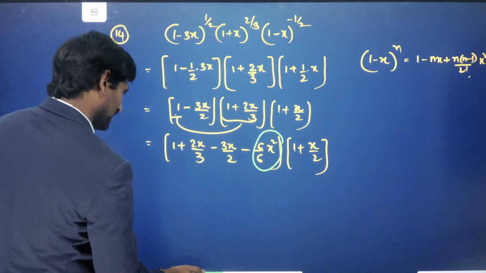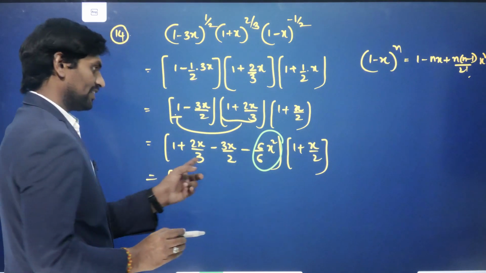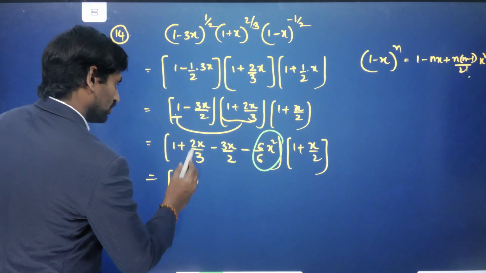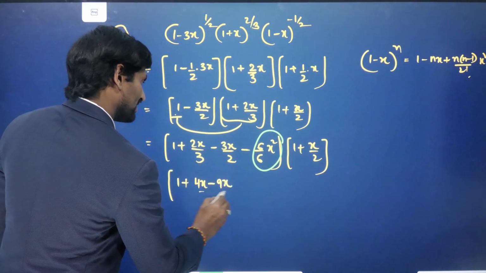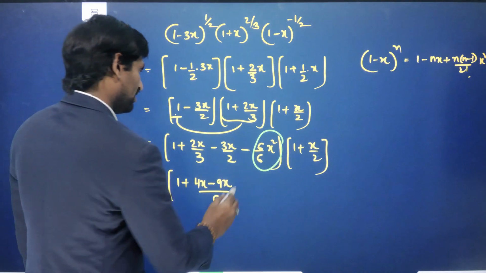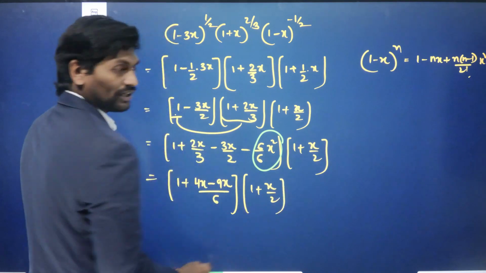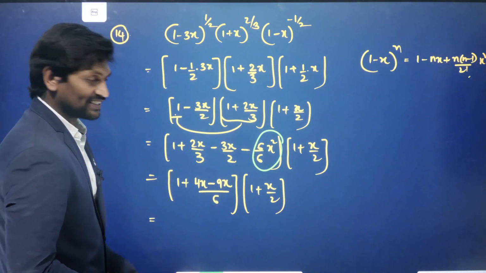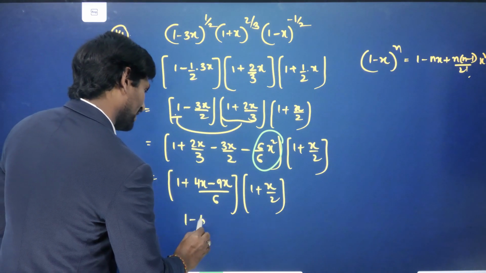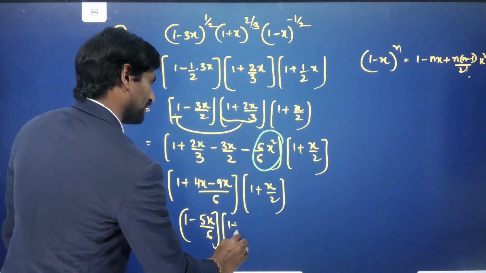What about the remaining here? That is equals to 1 plus. For these two, try to find LCM. 2 2s are 4x, minus 3 3s are 9x by 6. Okay? Plus 1 plus x by 2 into 1 plus x by 2. Now this one, 4x minus 9x is minus 5x. So 1 minus 5x by 6 will come into 1 plus x by 2.